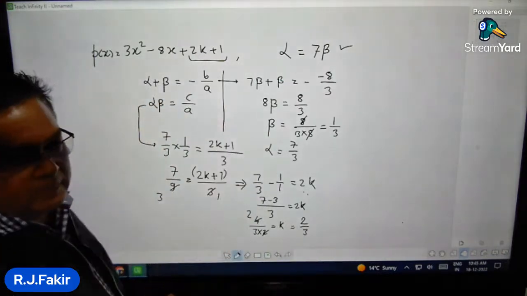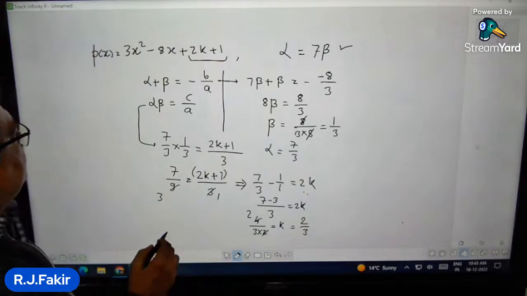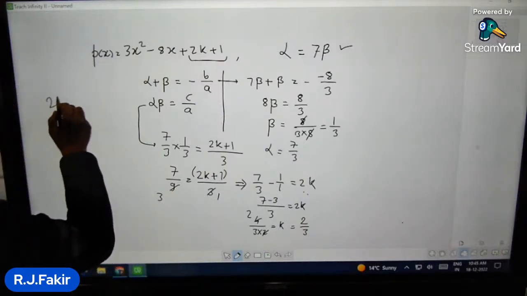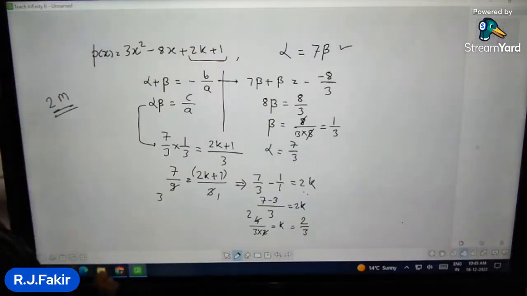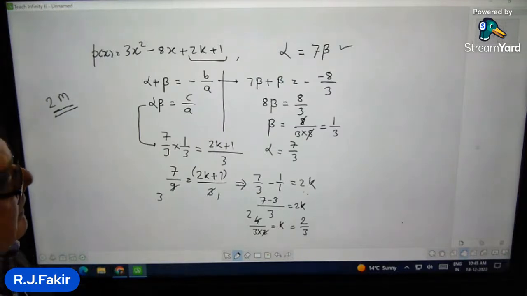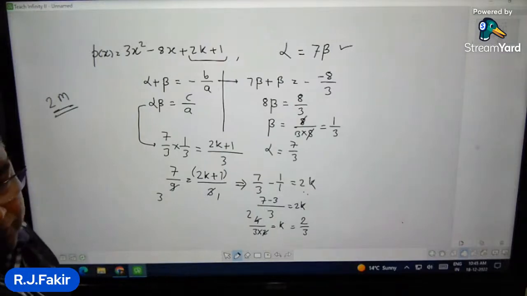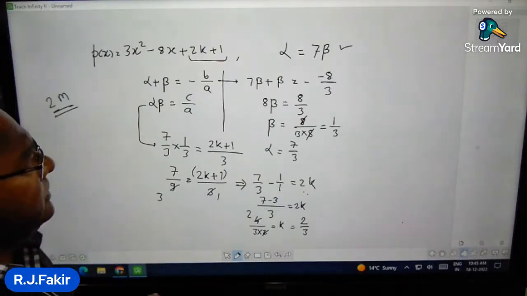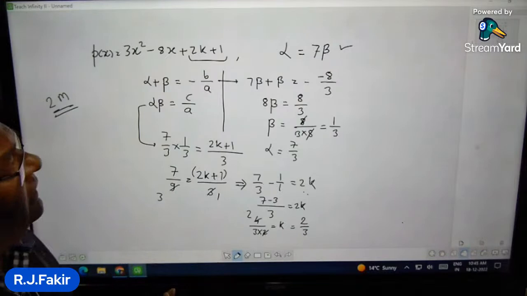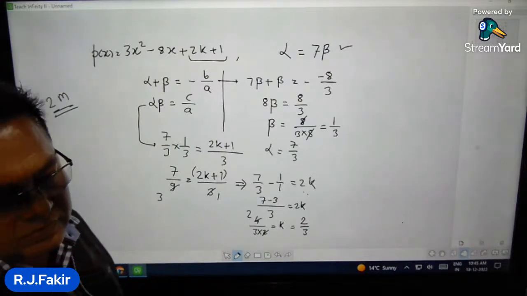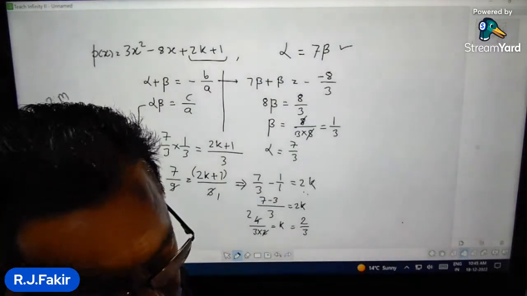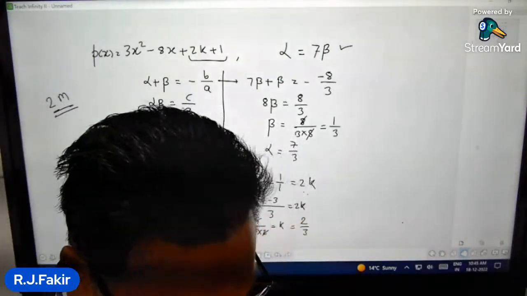So this kind of question will have a weightage of 2 marks. In the case of section A questions, it's not very necessary that you show the complete solution, but from section B onwards, you have to show all of the steps according to the marking scheme of the board.